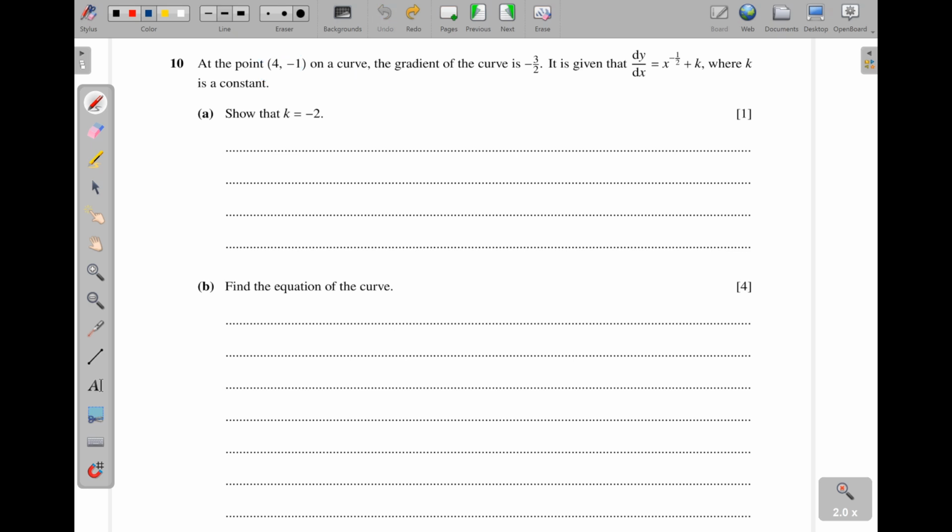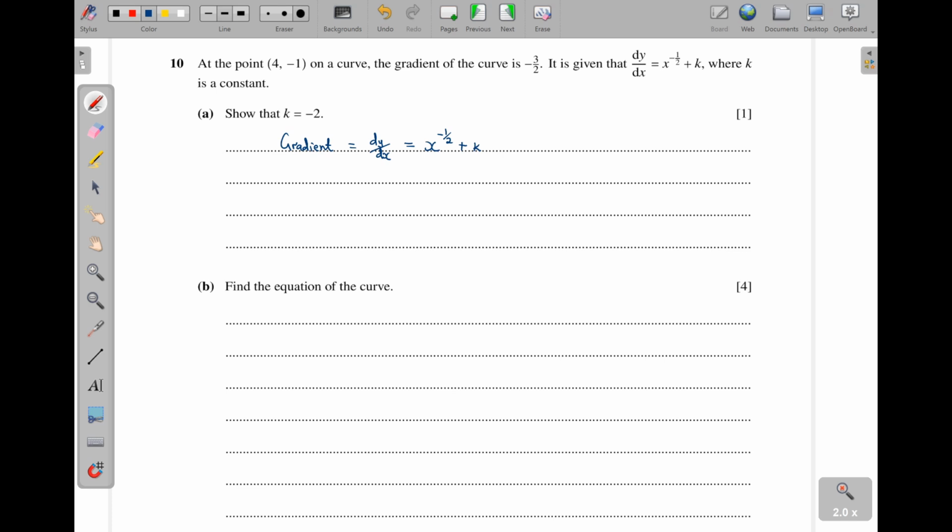Now, gradient is always equal to dy/dx. So, gradient is equal to dy/dx. So this therefore implies that I will equate this one to x to the power of -1/2, then plus k.